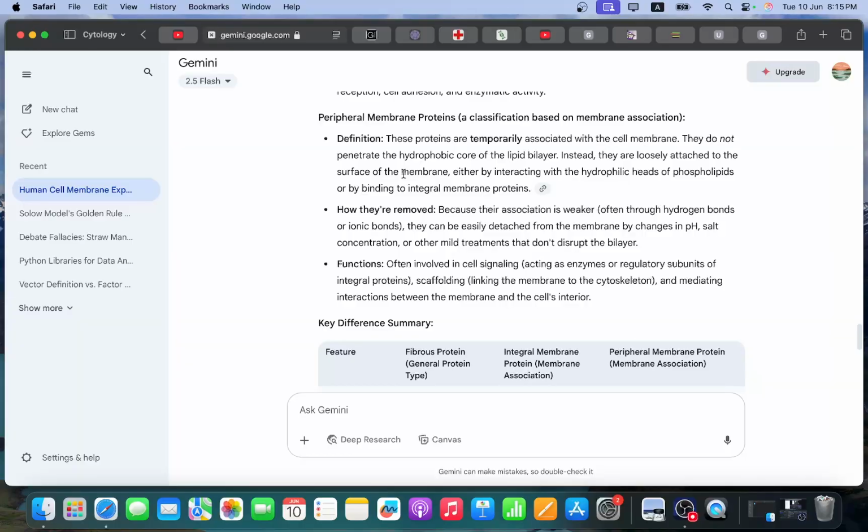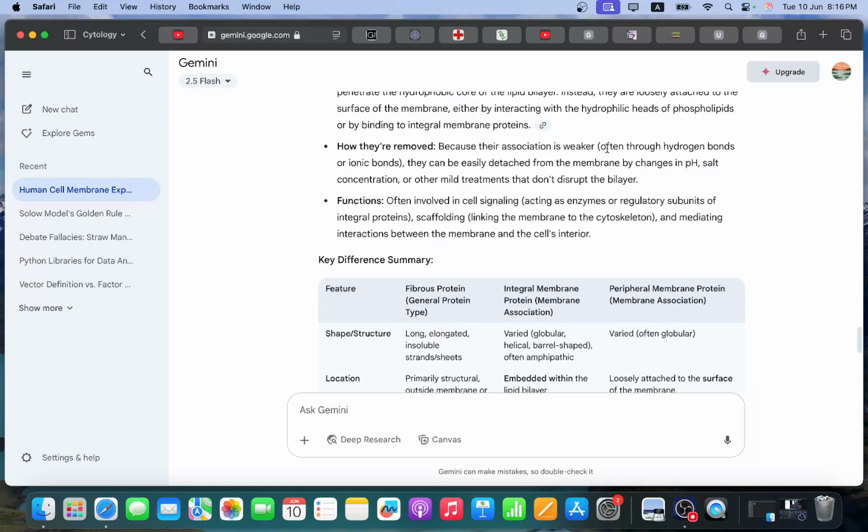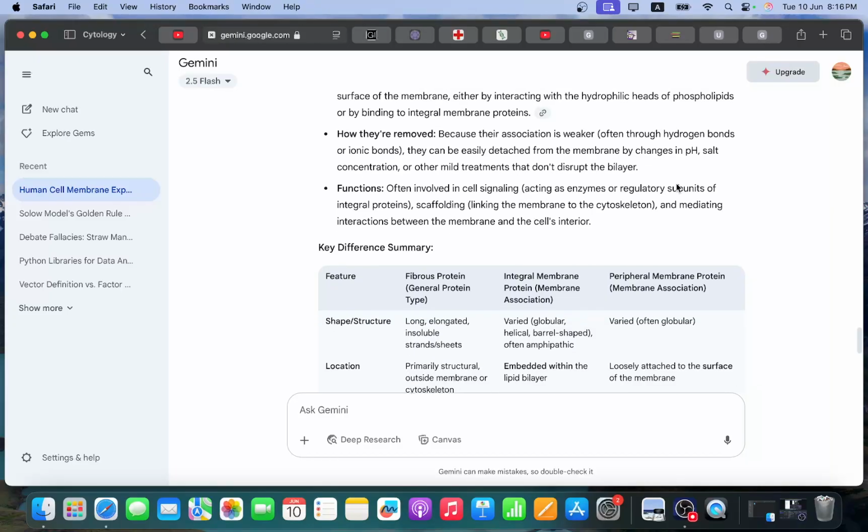And then there are other proteins like peripheral membrane proteins, which are just loosely attached to the surface and need not necessarily interact with the hydrophobic part, either by interacting with the hydrophilic heads of phospholipids or by binding to integral membrane proteins. How they are removed: because their association is weaker, often through hydrogen bonds or ionic bonds, they can be easily detached from the membrane by changes in pH, salt concentration, or other mild treatments that don't disrupt the bilayer.